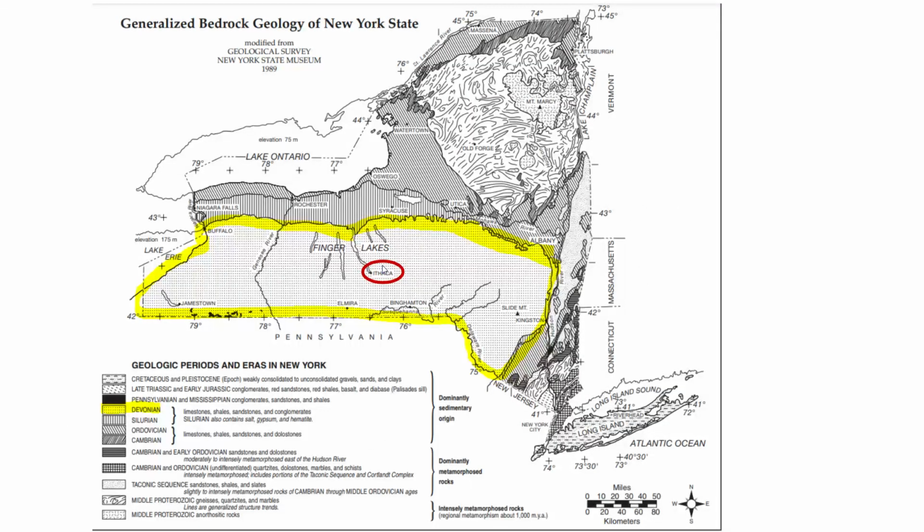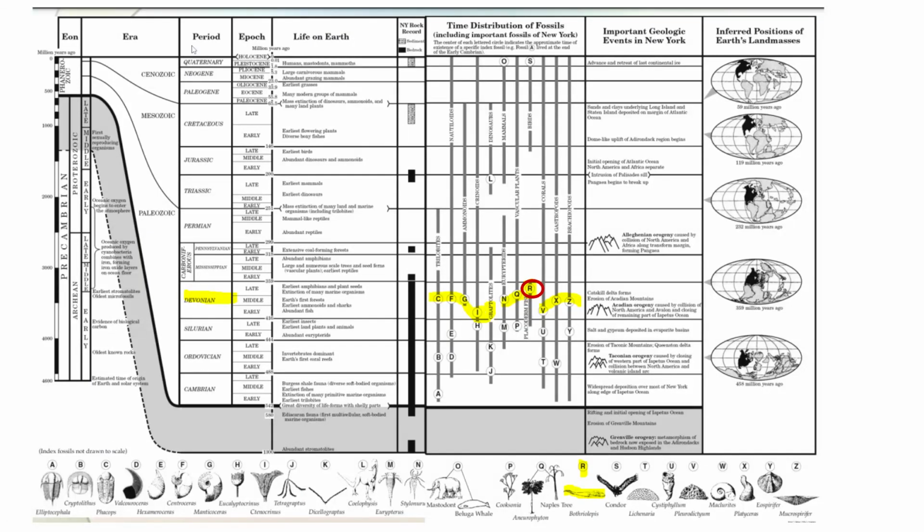So Ithaca is right here, and Ithaca, New York is from the Devonian time period based on the matching patterns. Now that we know it's from the Devonian time period, I can go to page 8 and 9. Here's the Devonian time period, and these are all the index fossils that existed within that time period.